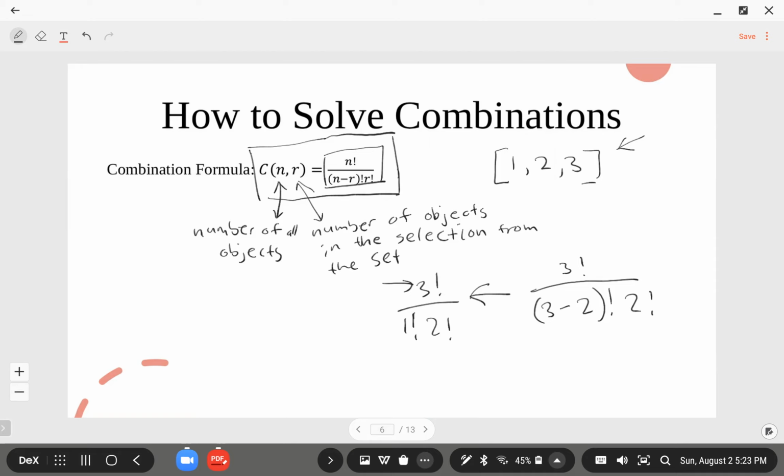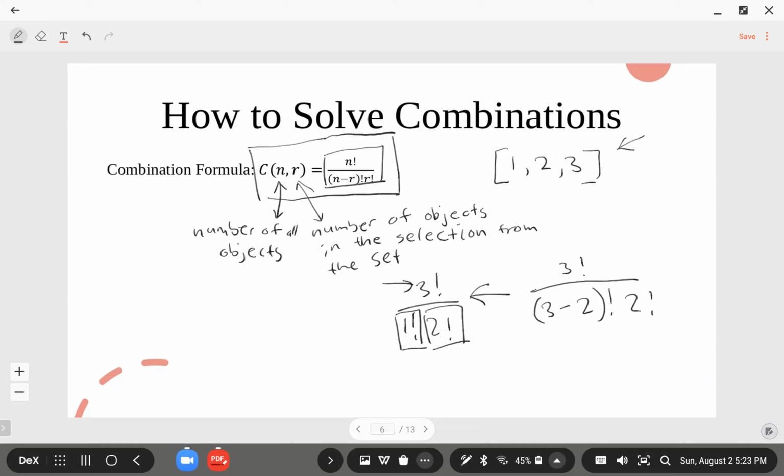And you are selecting 2 objects in this set, right? So here's this 2, and I'll explain why I'm emphasizing these. And here's the 1. Now tell me, what is 3 minus 2?